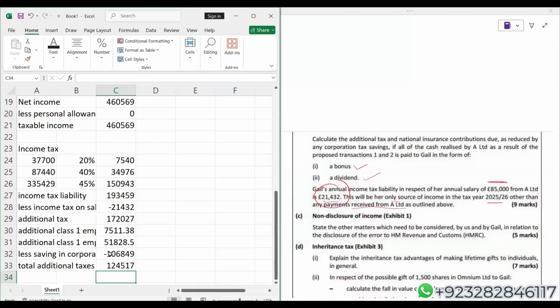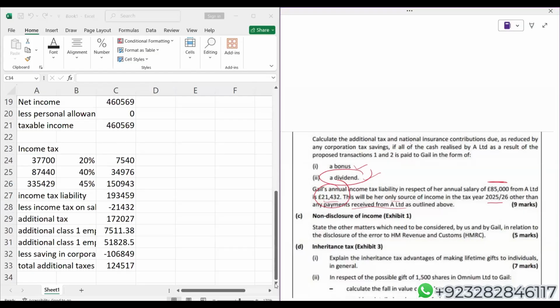The second option is dividend. Of course, when company is paying the entire amount as dividend to Gail, number one, there will be no class 1 employer NIC. And plus, there will be no corporation tax saving on dividend income.